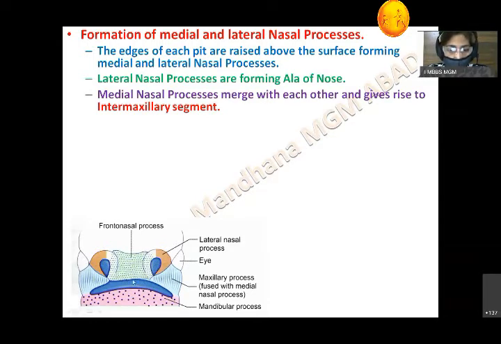Below it is communicated with the stomatodium. This blue color is the stomatodium. So the nasal pits are communicated with the stomatodium, and are bounded on the medial side by the medial nasal process, on the lateral side by the lateral nasal process. In the figure, this sky blue color is the maxillary process and pink color is the mandibular process.